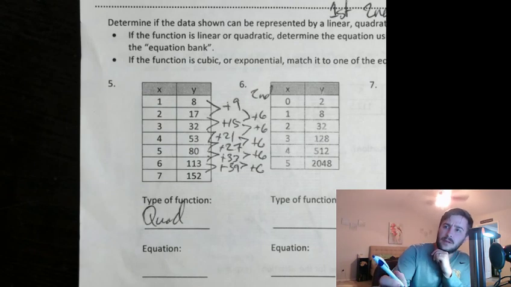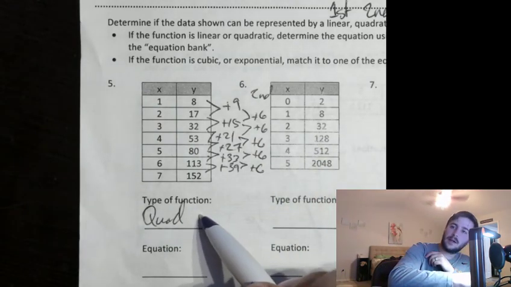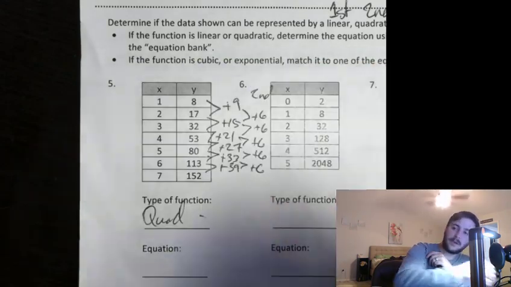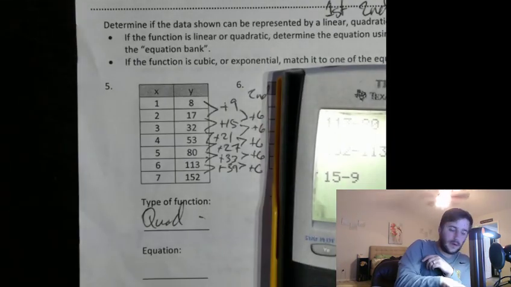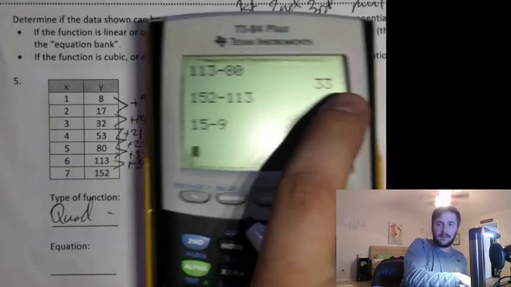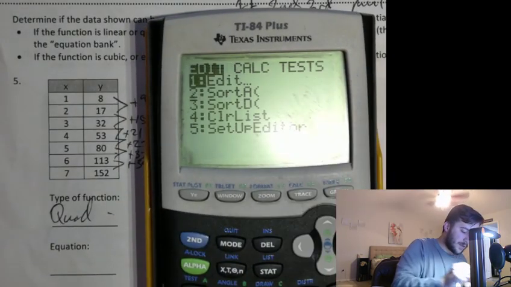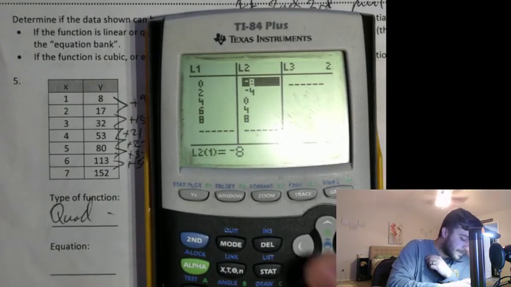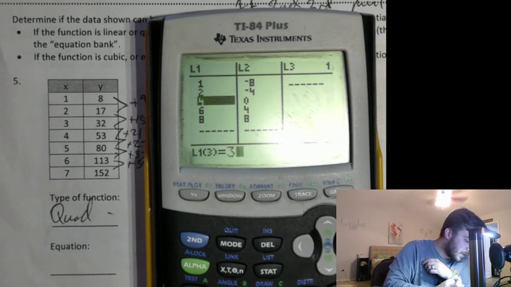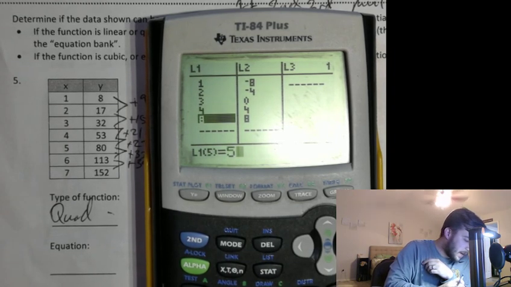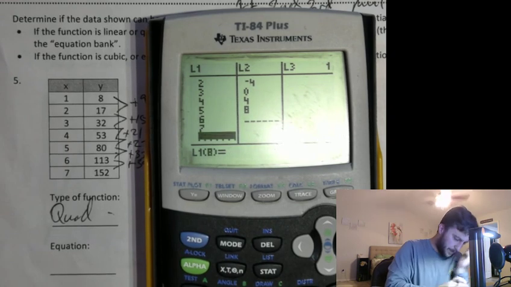So what we need to do, now that we know this is quadratic, is type our table into our calculator the way we've done before. Okay, but then this time we are going to pick quadratic instead. 1, 2, 3, 4, 5, 6, 7.